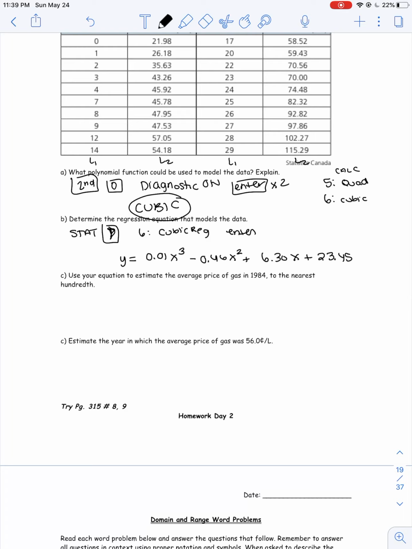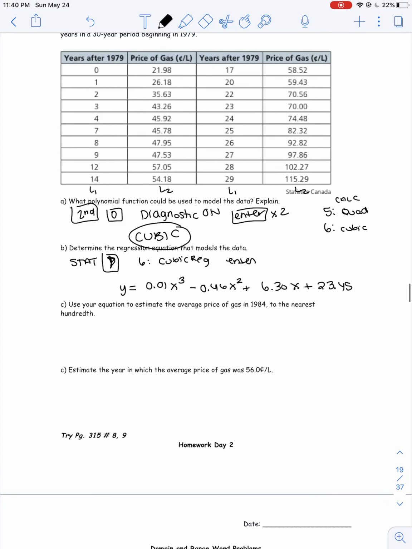Okay, so now you're going to estimate the price of gas in 1984. So we need to figure out how many years after 1979 this is. So if you go 1984 subtract 1979, you're going to find that that's 5 years. So 5 years have passed since there. So to do this, you're going to graph it by pressing y equals.